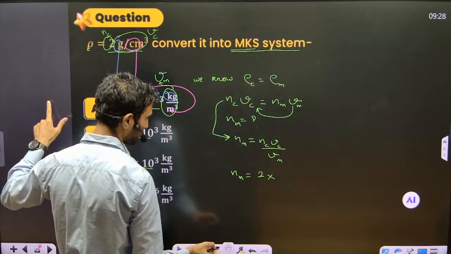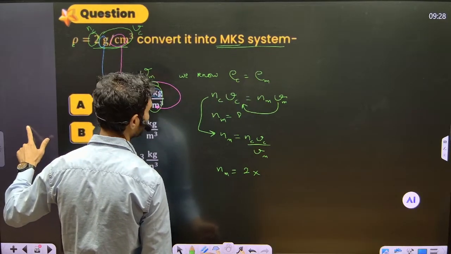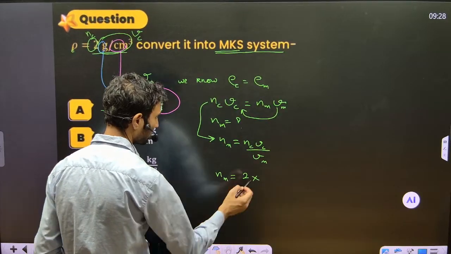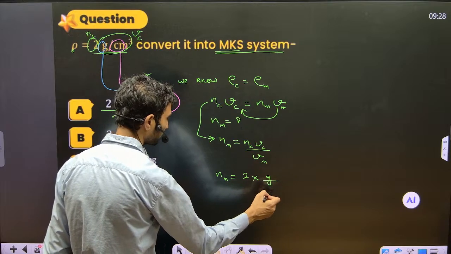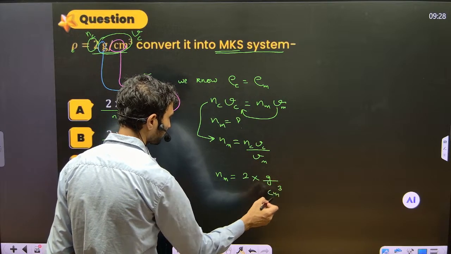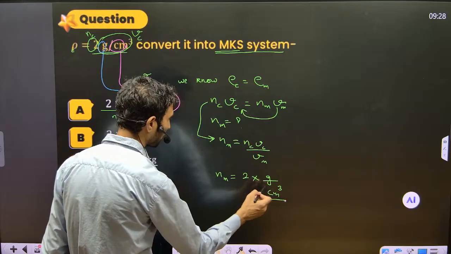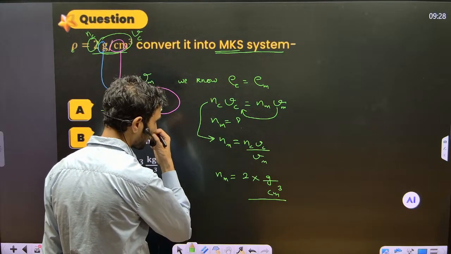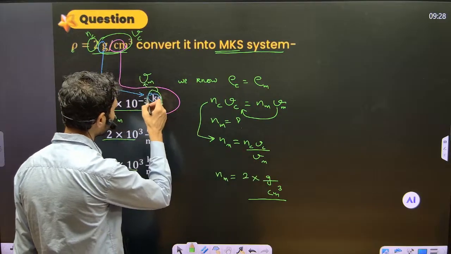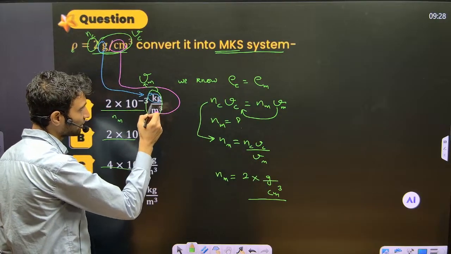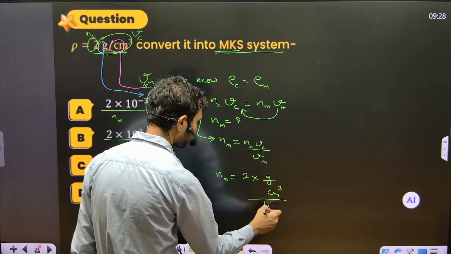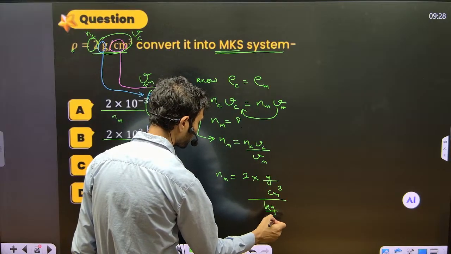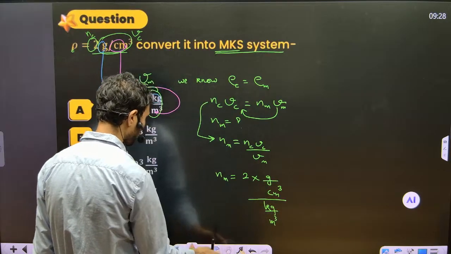So let's put the value: gram per centimeter cube, whole divided by UM. And what is UM? The unit written in MKS. Here it is: kg divided by meter cube, right?